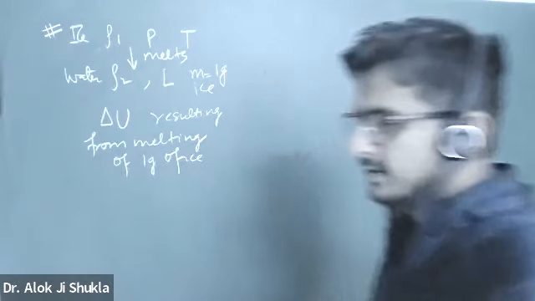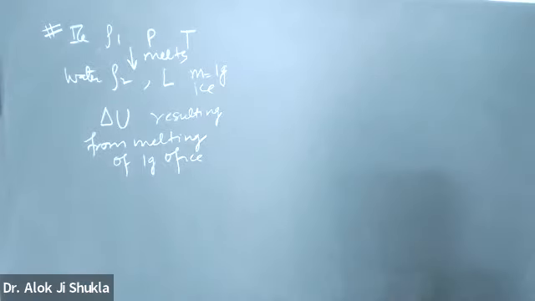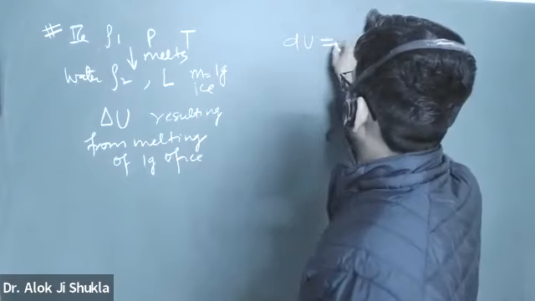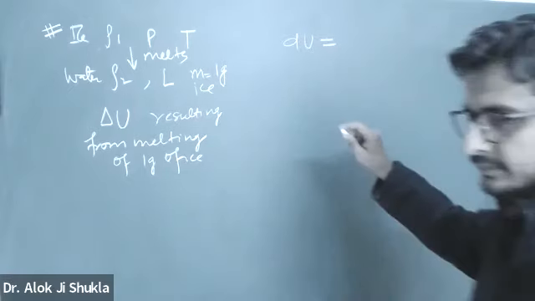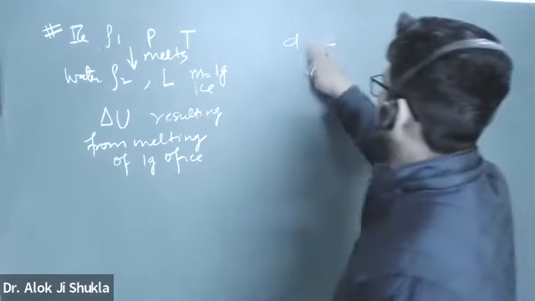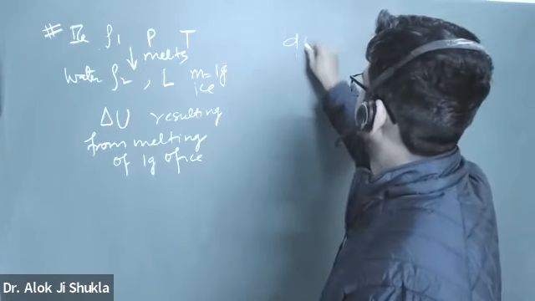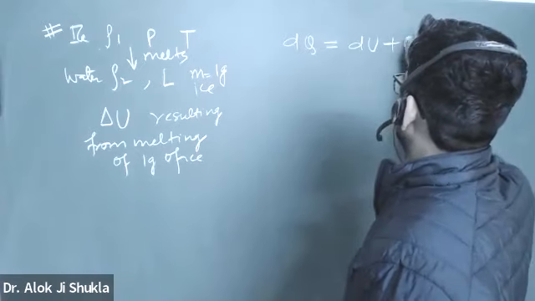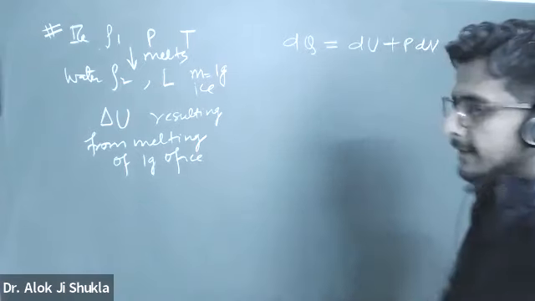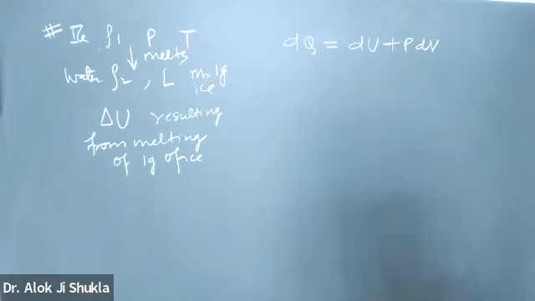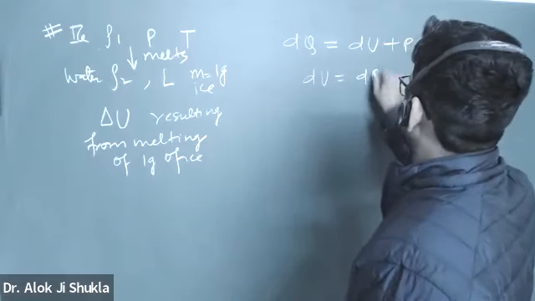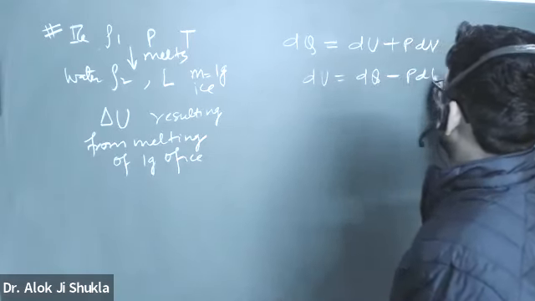So let us calculate. So how to get the change in internal energy? dQ is equal to dU plus PdV. So what is dU? dQ minus PdV.